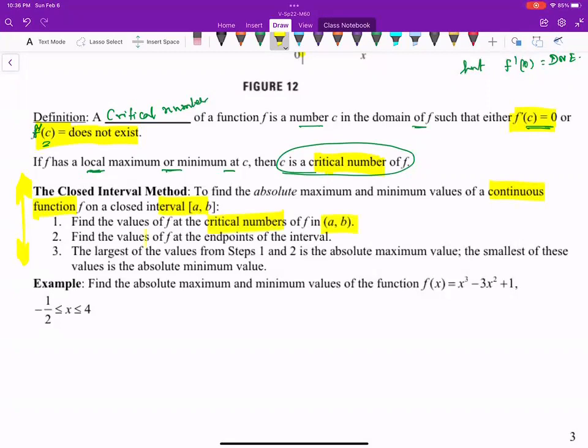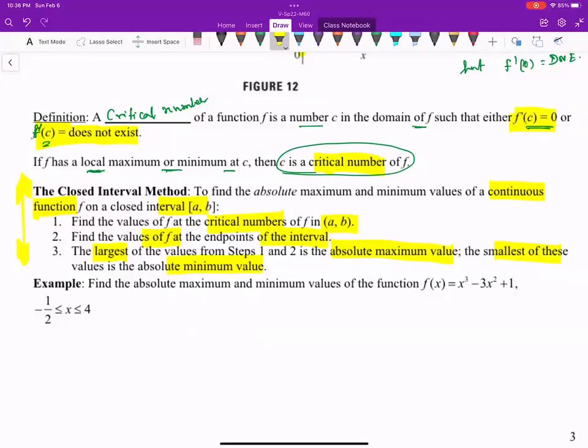Step 2, find the values of f at the endpoints of the interval. Step 3, the largest of the values from steps 1 and 2 is the absolute maximum value. The smallest of these is the absolute minimum value.